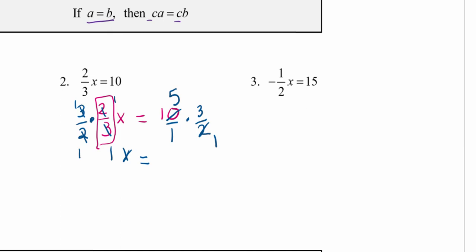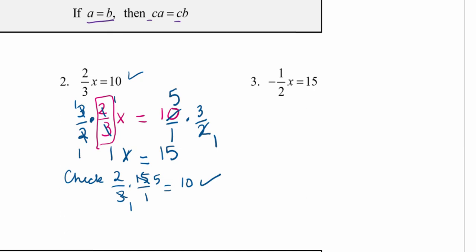Multiplying straight across, we get 15 over 1, or 15. Now, we can check by substituting our 15 over 1 and multiplying it times the 2/3. And 3 goes into 15 5 times. And so notice how we do get 10, which was what we started with in the equation. So x equals 15 is our solution.